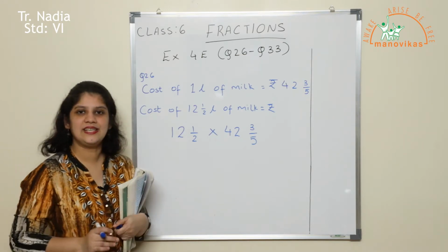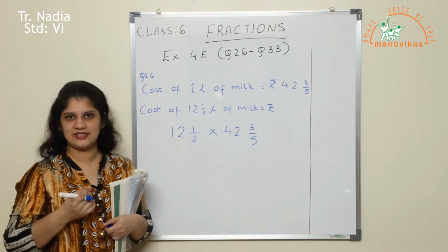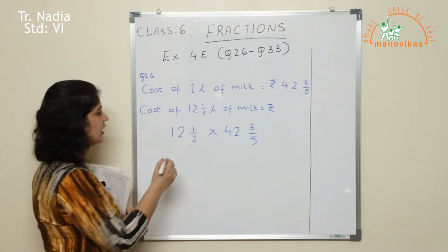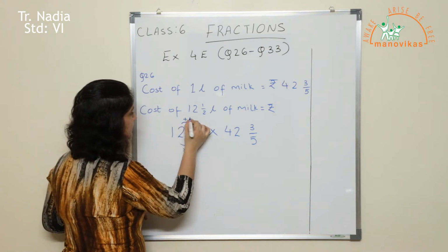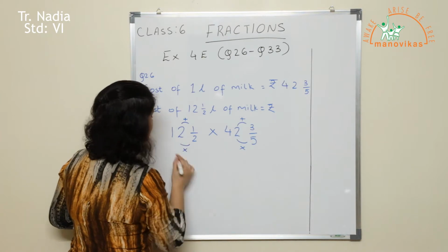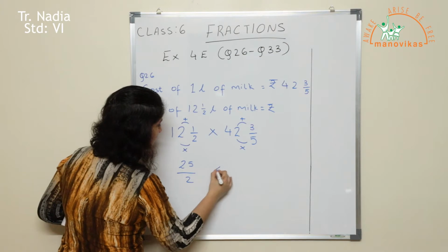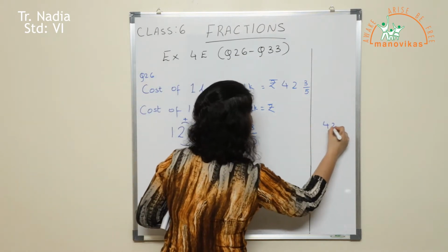Now here you can see both the fractions which I have to multiply are in the mixed number form. So before trying to reduce, I have to convert them to fractions. So do this step of conversion. This fraction will become 25 upon 2. And this fraction will become, you can multiply 42 by 5.